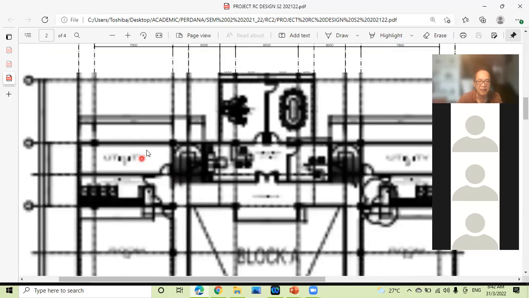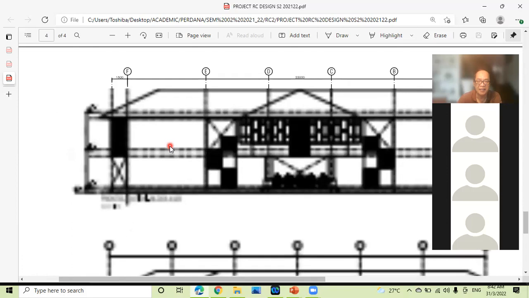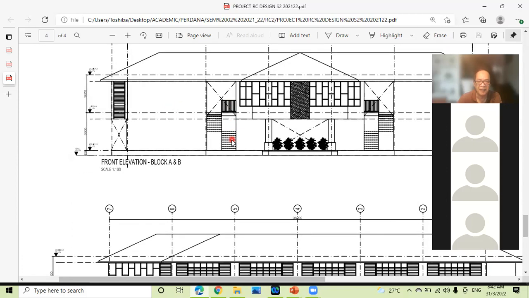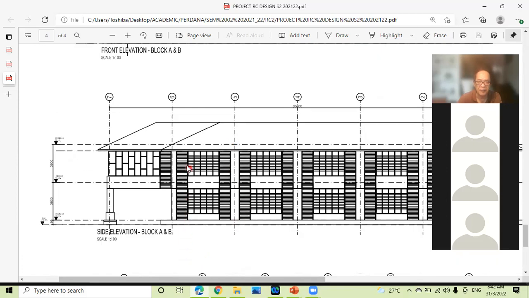Now the reason for that might be, if we look at the front or the rear elevation, we can see clearly that this particular component that we see here is a vertical component. So the architect in this particular project would want the column to be part of the architectural features. And that is why the architect has indicated he wants the column in certain positions, because the columns will then be part of the architectural features.